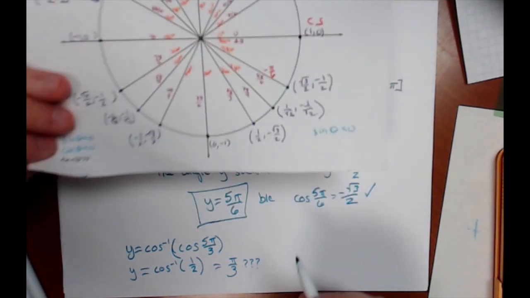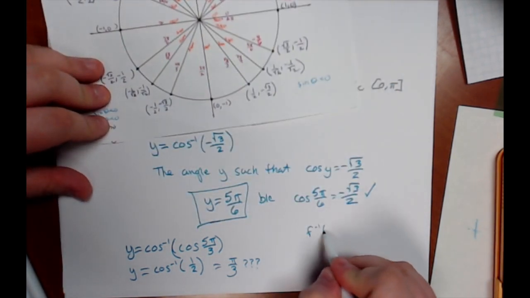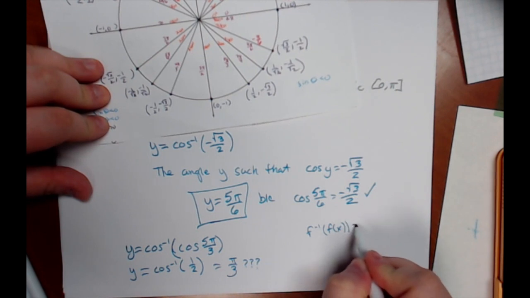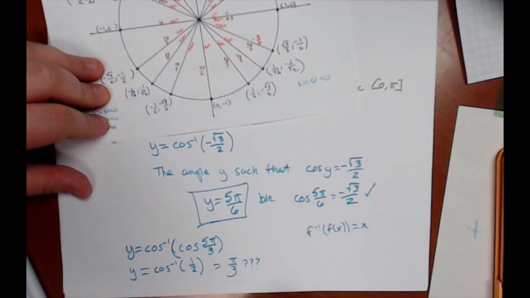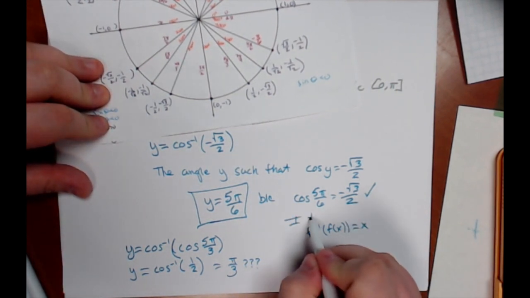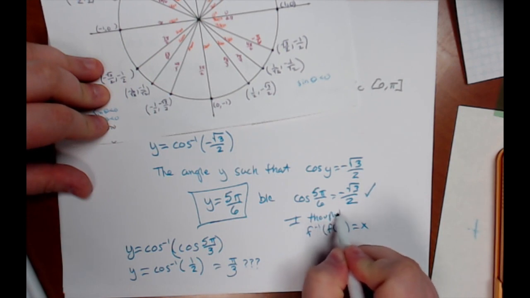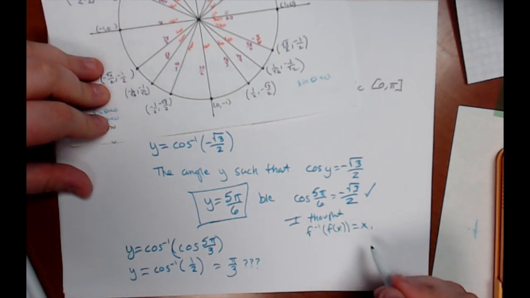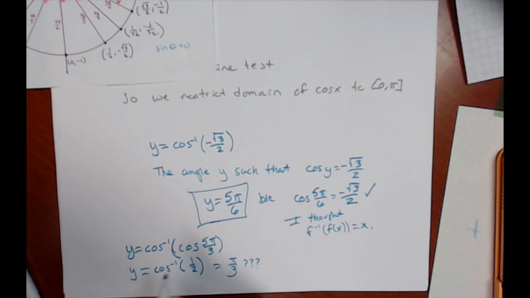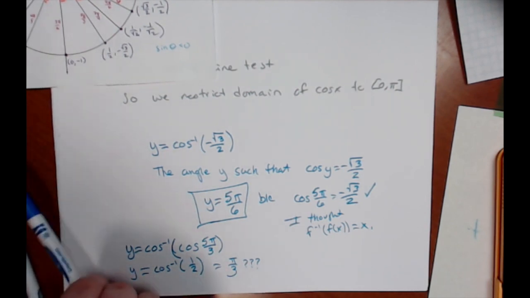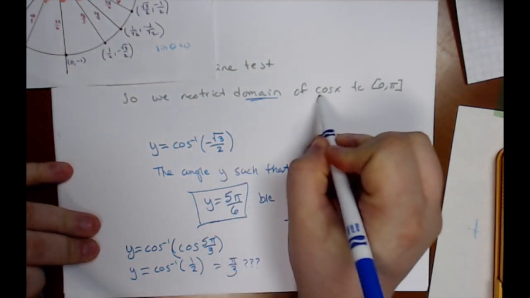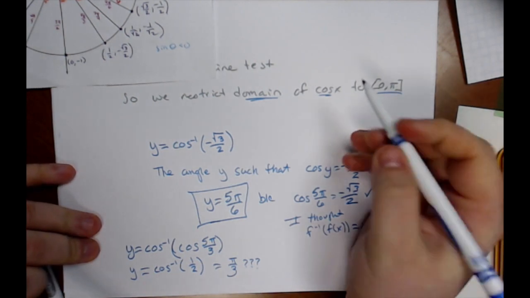What happened? Because I thought if we took an inverse of our function of x, we get x back. Well, let's talk about domain. So we restricted the domain of cosine to 0 to pi.